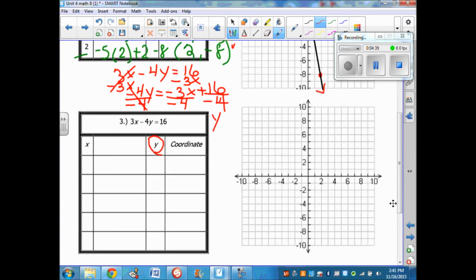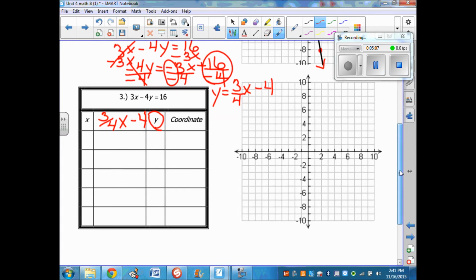Now I've got y by itself. What is negative divided by a negative? That's going to be a positive 3/4 x. And then 16 divided by negative 4 is going to be minus 4. Okay? So what I'm going to put here at the center spot is what I have just gotten from isolating y.